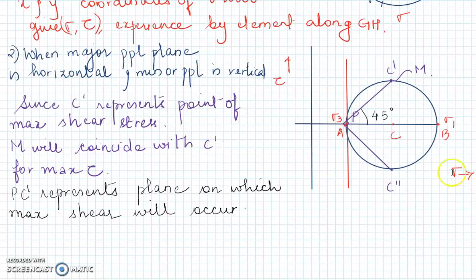Okay. Now, PC dash will represent the plane on which maximum shear will occur.